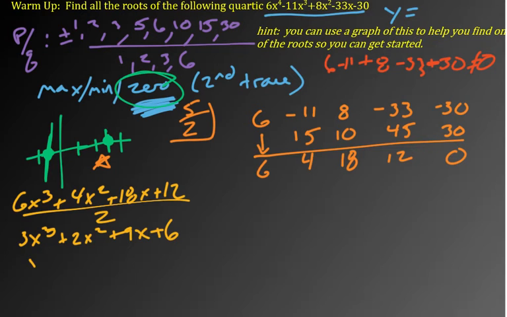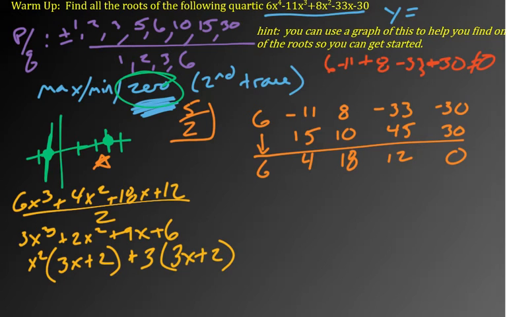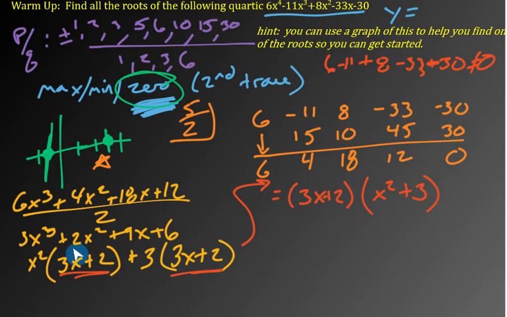So if you take x squared out here, you're going to have 3x plus 2 left over from that first group. And then if you take 3 out of the next group of 2, you're going to have 3x plus 2 left over. So this is perfect. You've got these common factors, which you can take out, 3x plus 2, and you're going to have x squared plus 3, x squared left over from that group, and 3 left over from that group.